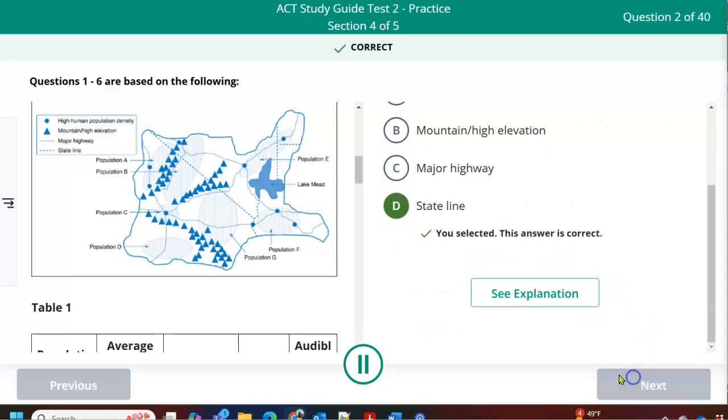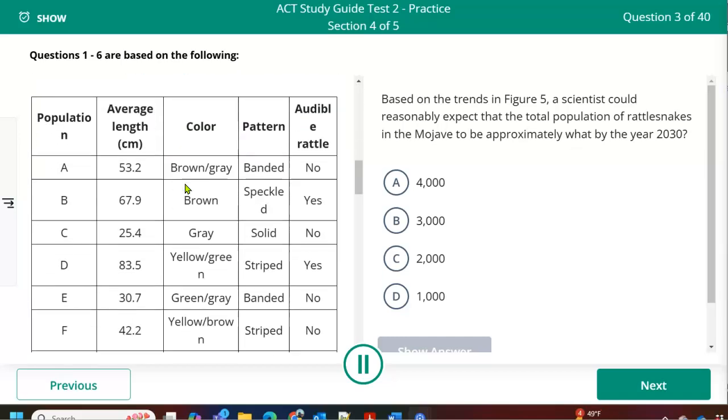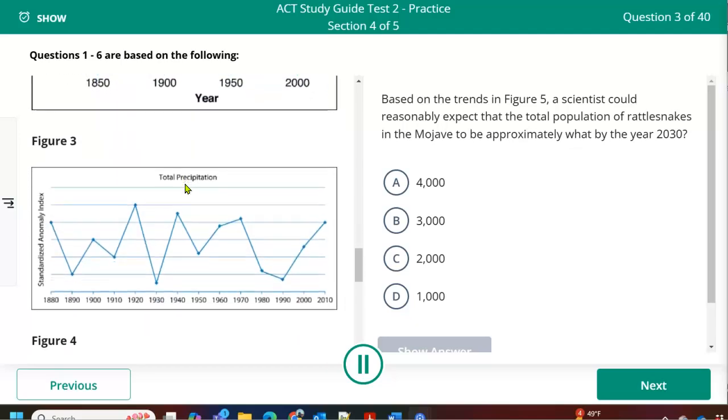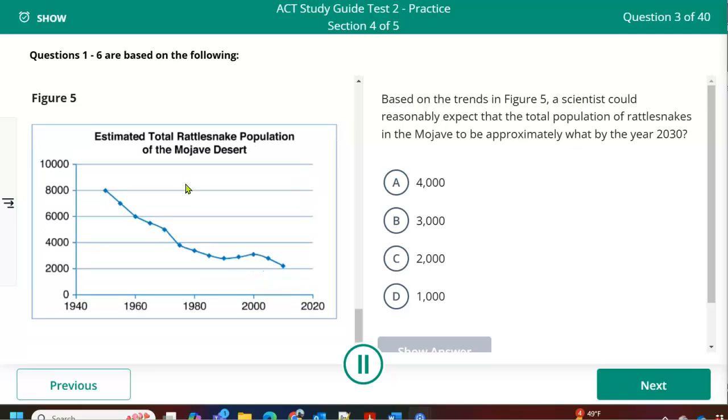All right. Based on the trends in Figure 5, a scientist could reasonably expect that the total population of rattlesnakes in the Mojave to be approximately what by the year 2030? Here's Figure 5. All right, so it's dropping. The last data point we have here is at 2000, but if you follow this trend out to 2030 or so, it's going to be 1,000.